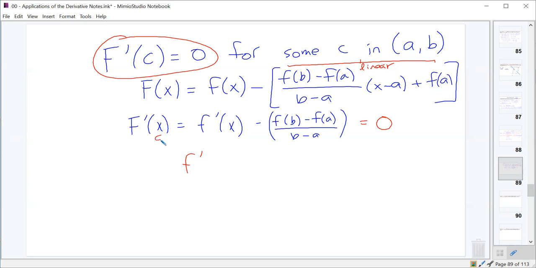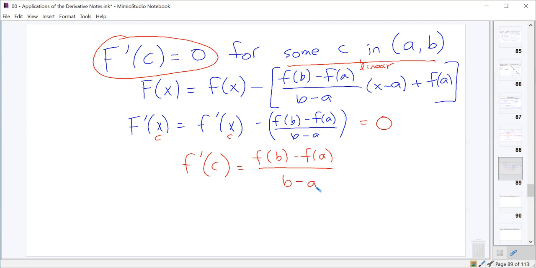If this is a c, then this becomes a c. It tells us that f prime of c must equal, add this slope over to the other side, f of b minus f of a over b minus a.